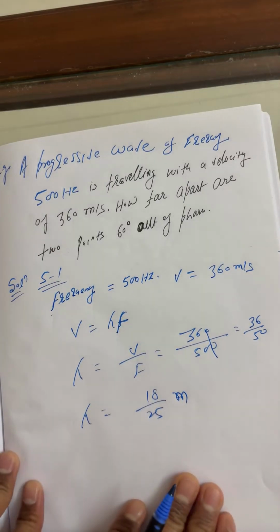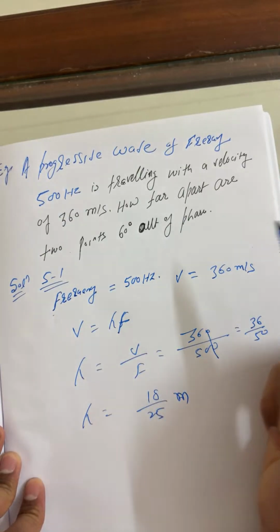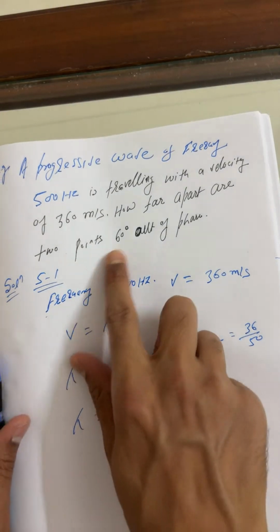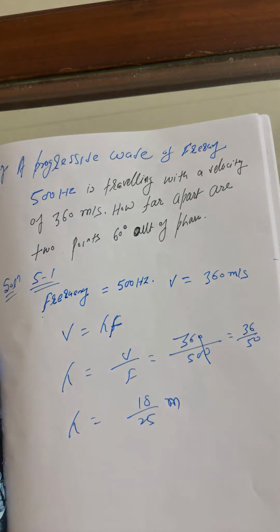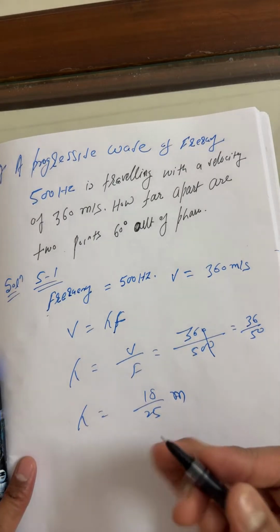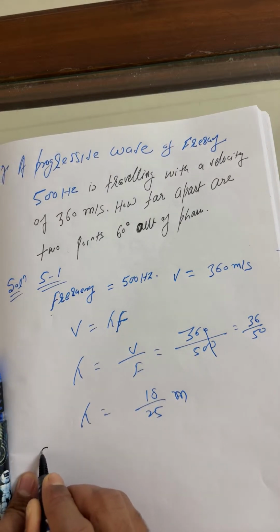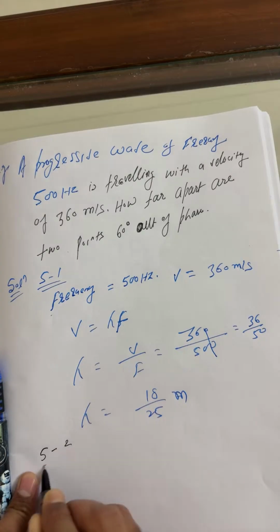Basically, what is the question? How far apart are two points 60 degree out of phase? Basically, we wish to find how far apart. Now I'm dealing with step 2 here.